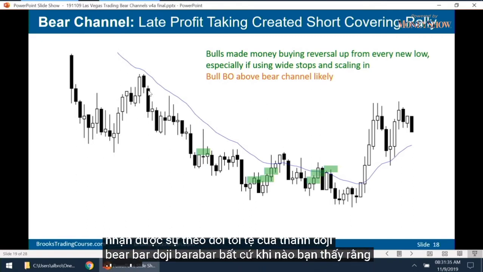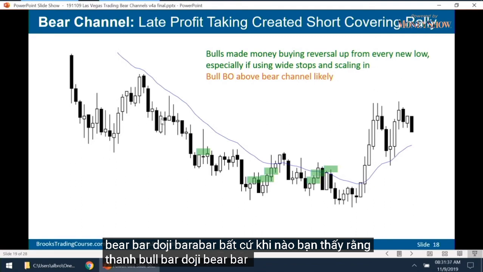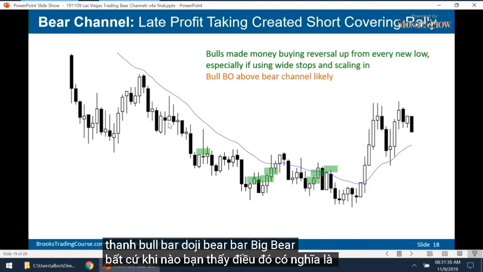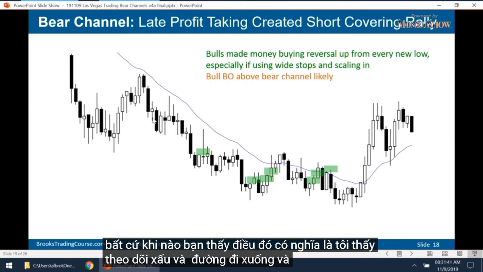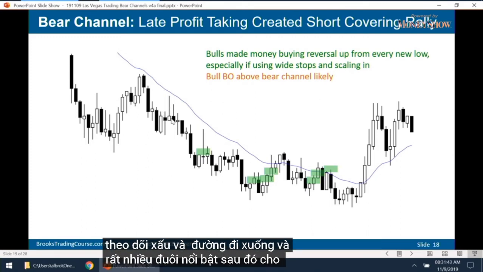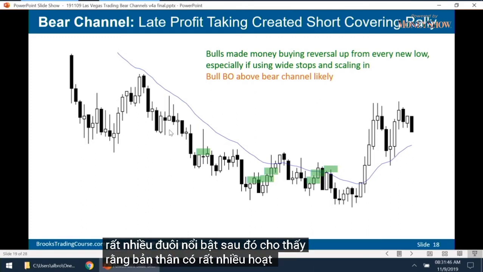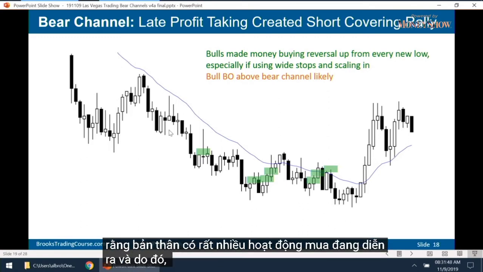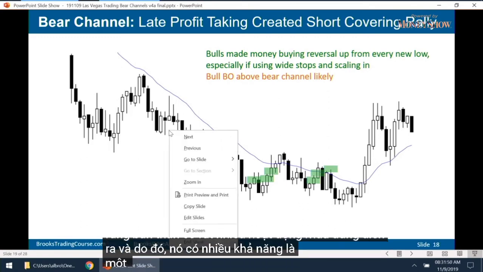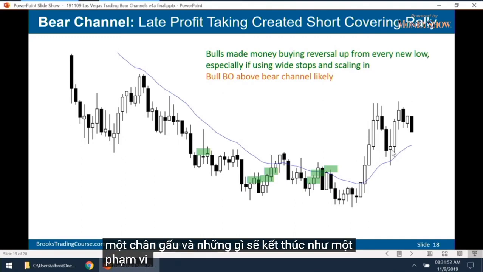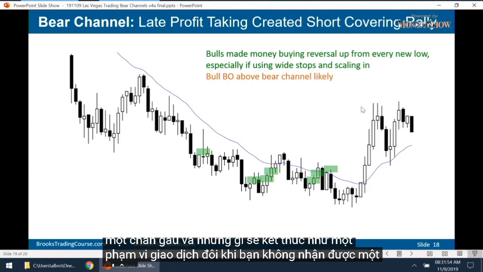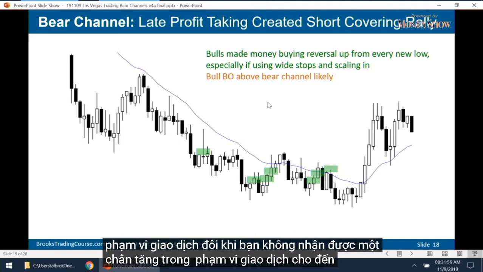Whenever you see bad follow-through on the way down and a lot of prominent tails, that indicates that the sell-off has a lot of buying going on. And therefore, it's more likely to be a bear leg in what will end up as a trading range. Sometimes you do not get a bull leg in the trading range until late in the day.